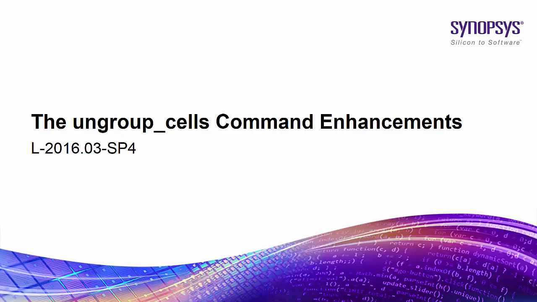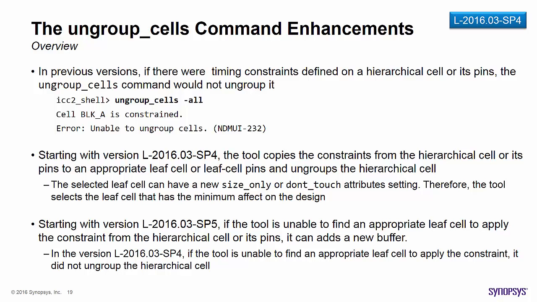Ungroup cell enhancement from 1603 FP4. Previously, if there were timing constraints defined on a hierarchical cell or its pins, ungroup cell would not work and would give error messages.